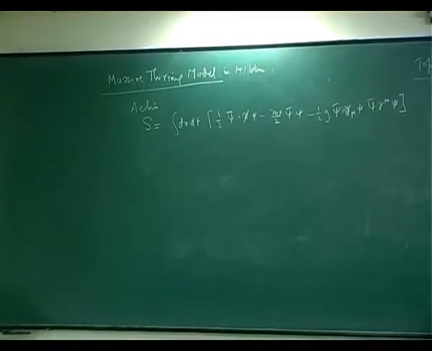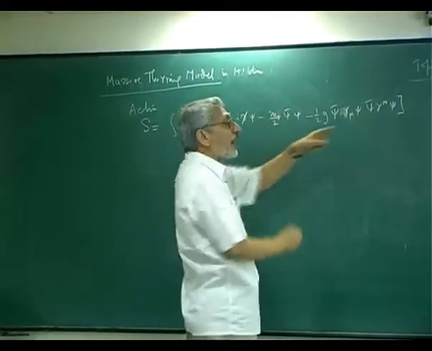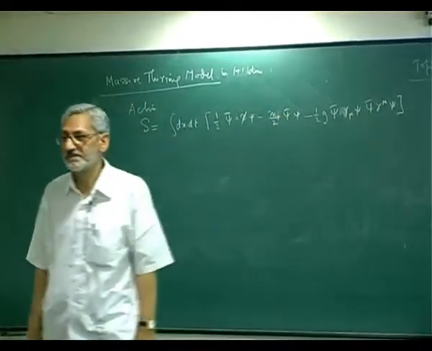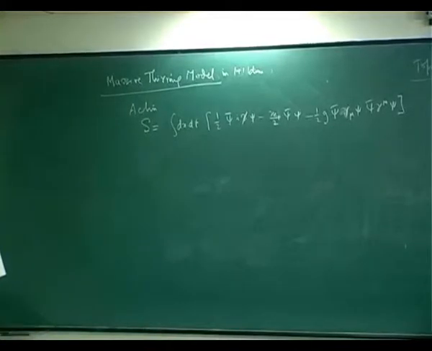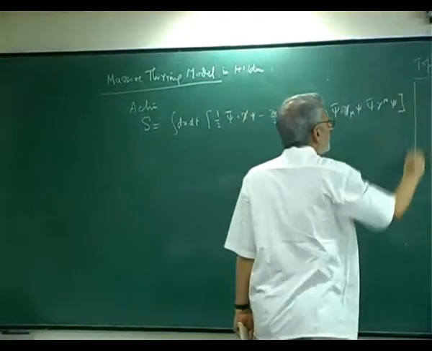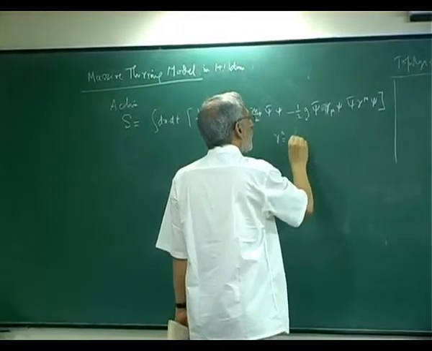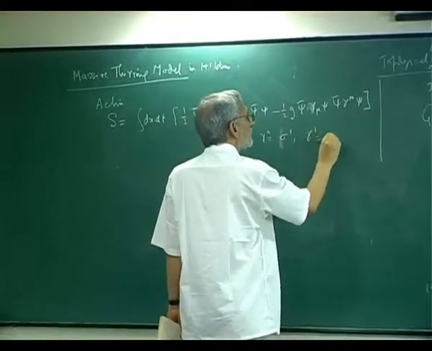Here mf psi bar psi, the fermion mass mf, as opposed to m that I introduced there. Gamma mu are the two-dimensional Dirac matrices. Gamma 0 is sigma 1 and gamma 1 is sigma 2.